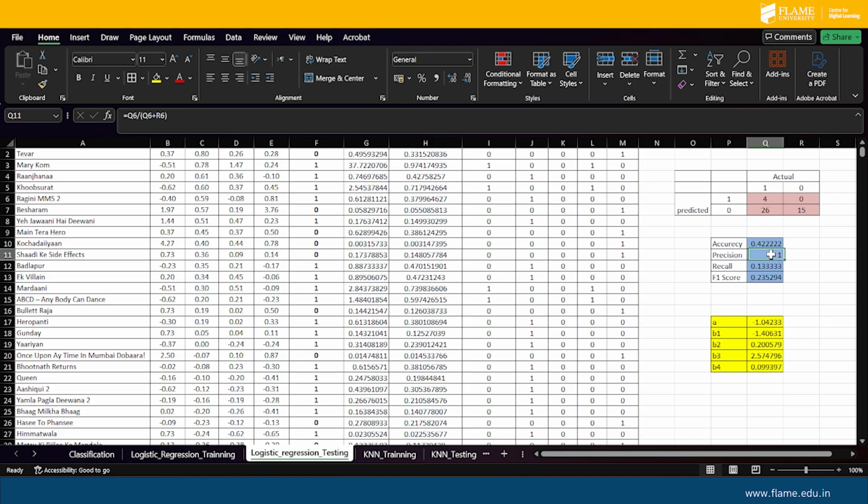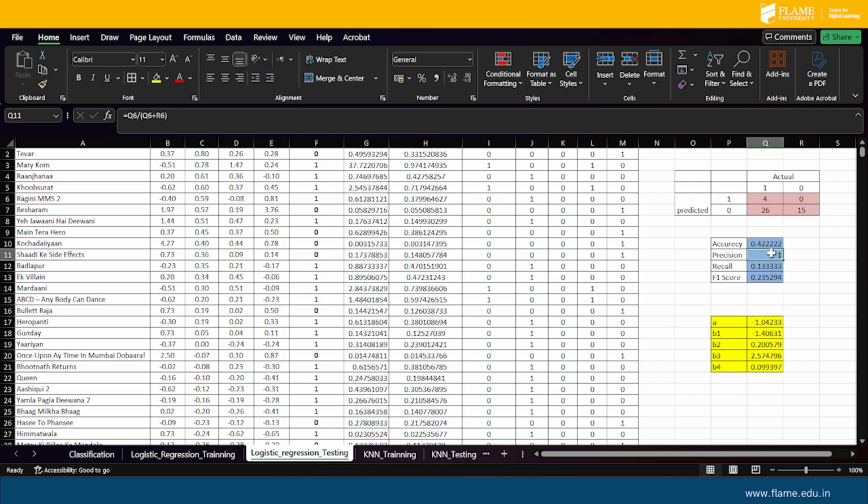Precision is 4 divided by 4 plus 0, where 0 is the cases that were actually 0 but predicted as 1.